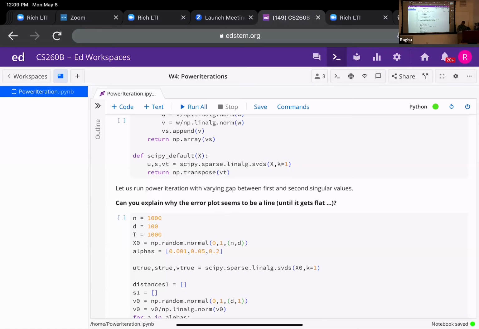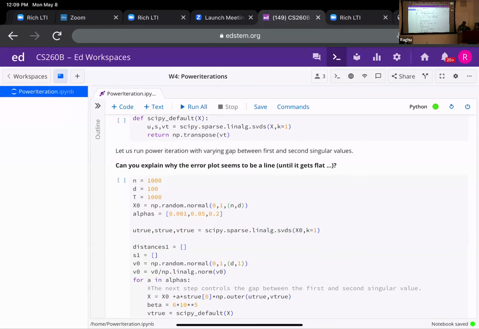I want to show how the algorithm performs with the gap. We said if the gap is big between the first and the second, it should converge faster. If the singular values are 1 and 0.99, then to get to the first singular vector, you would converge much slower, whereas if the singular values are 1 and 1.5, then you should converge much faster.